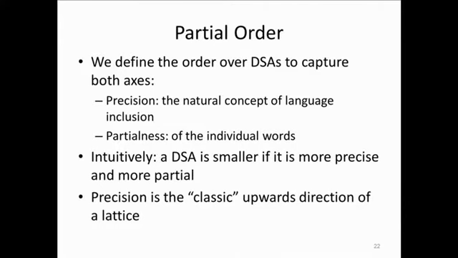So in order to take this concept of precision into account, we're going to create this compound order along two axes. First of all, we have precision, which is what we call the principle behind language inclusion. The more words are accepted by the DSA, the less precise it is, or the more complete it is.